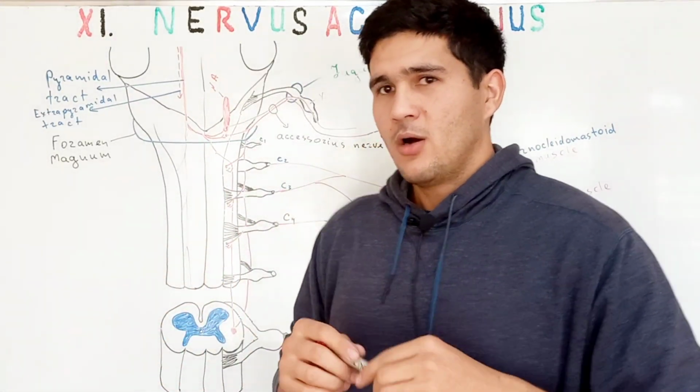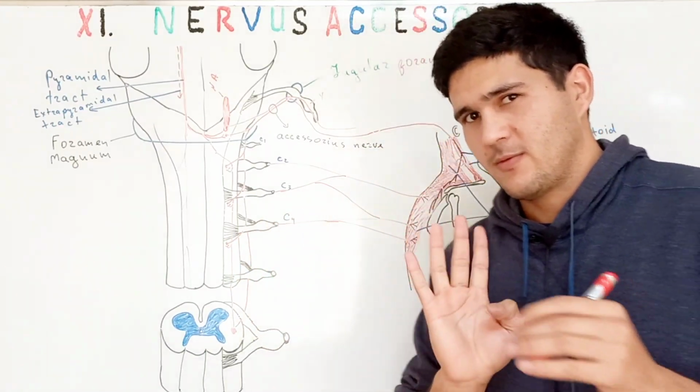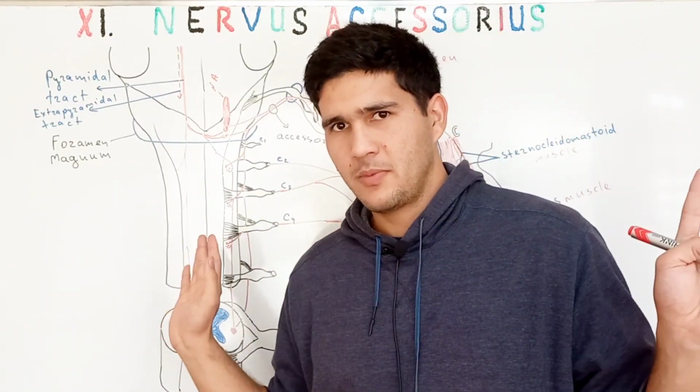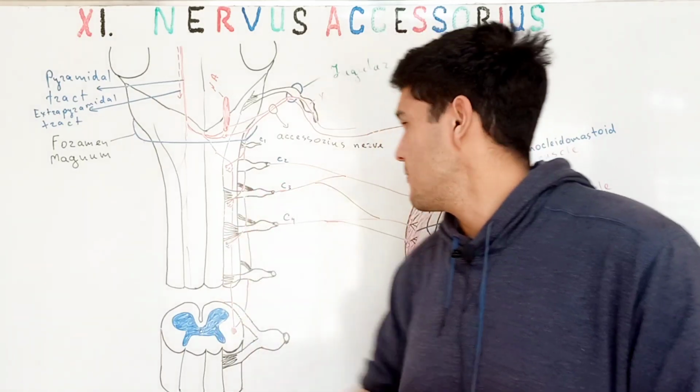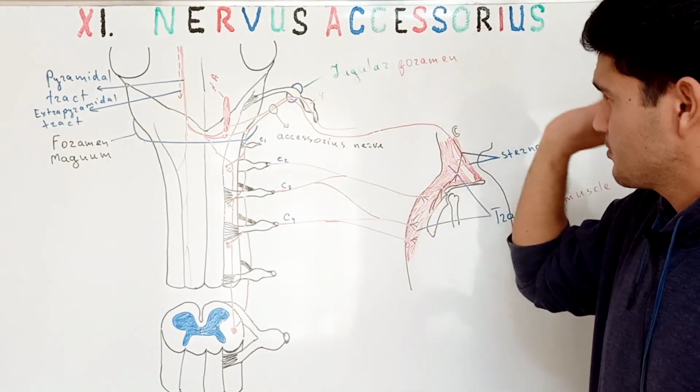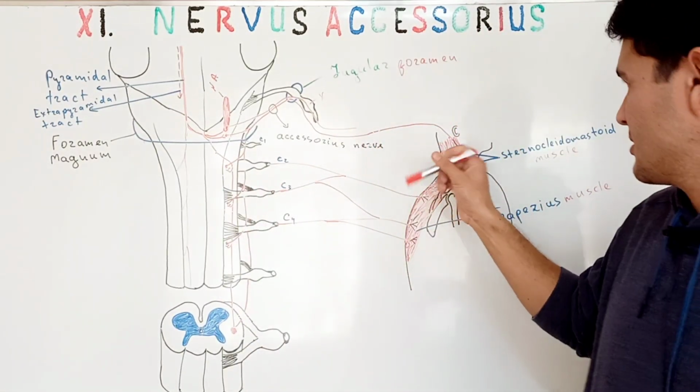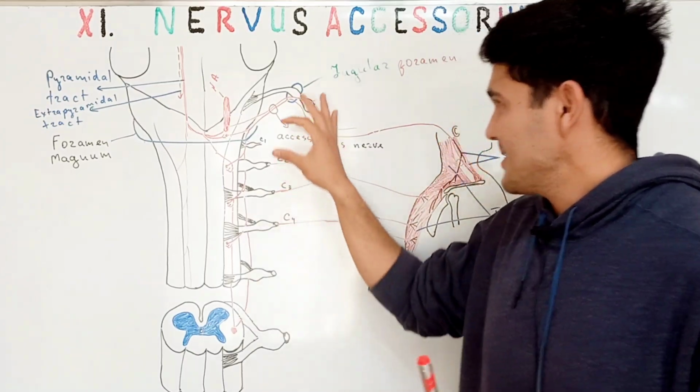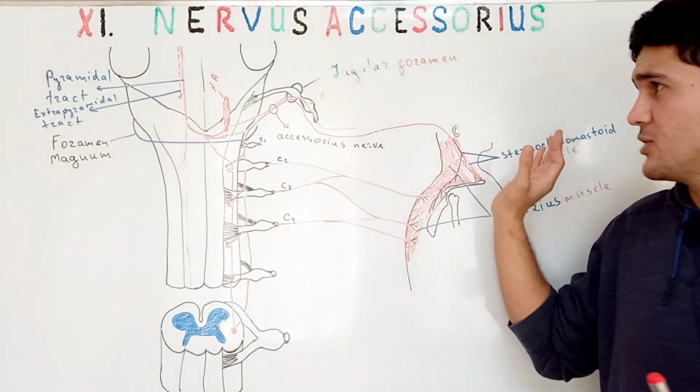Okay, and all of these four functions may be impaired due to a lesion of the accessory nerve. Okay, that's the external peripheral lesion.